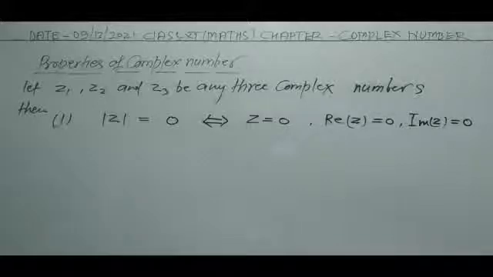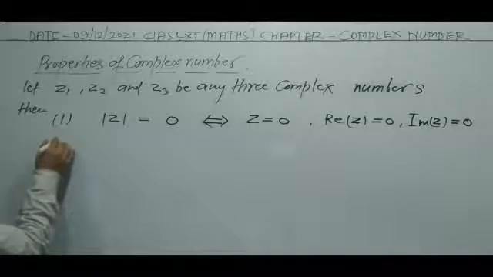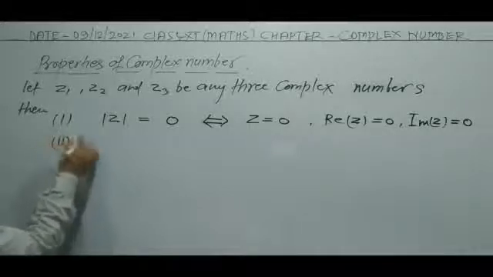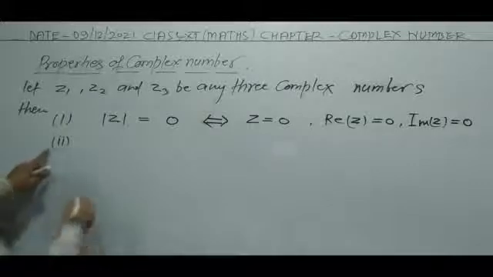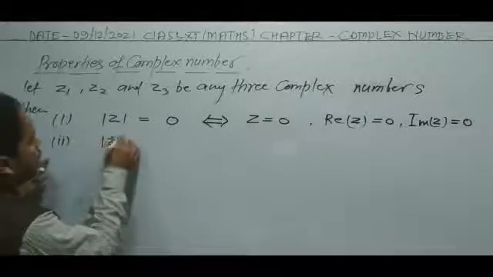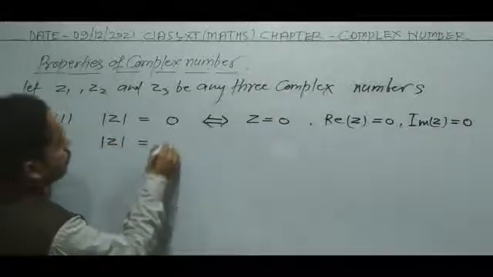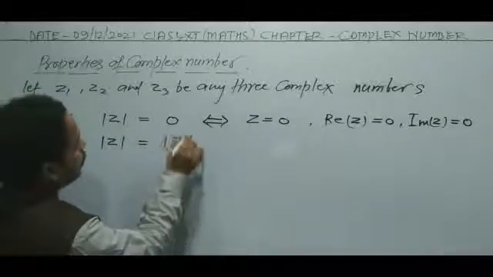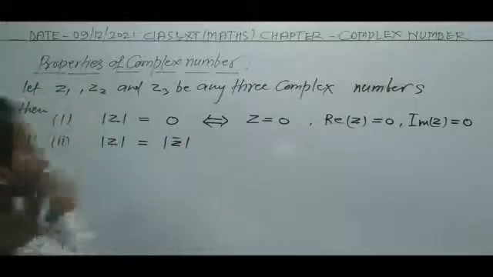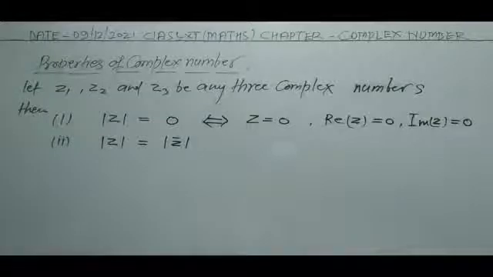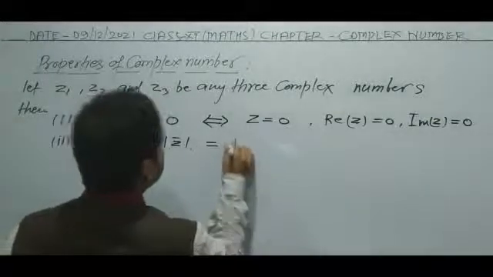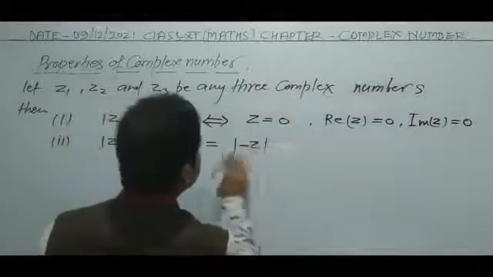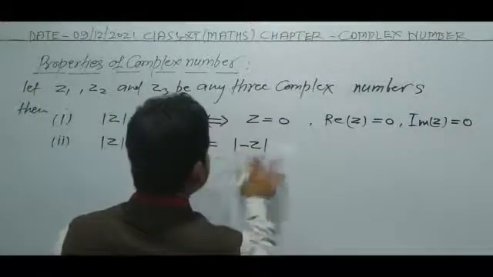Now see the second point. Second point is mod of z is equal to mod of minus z, the negative of complex number.